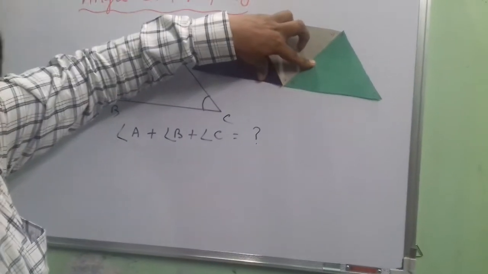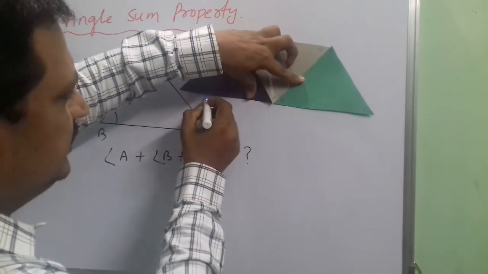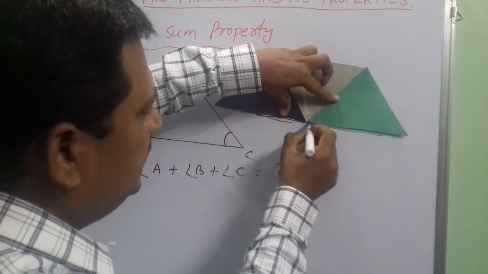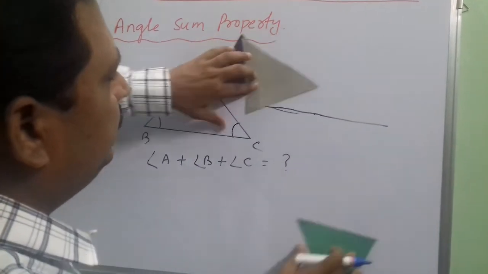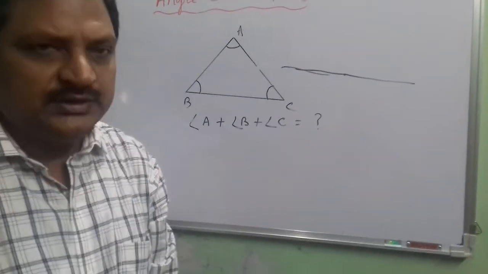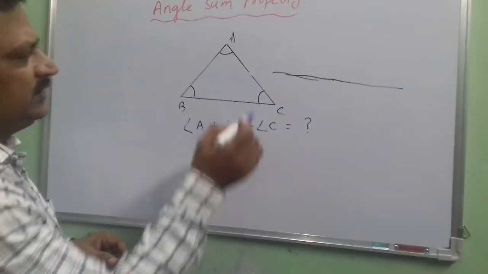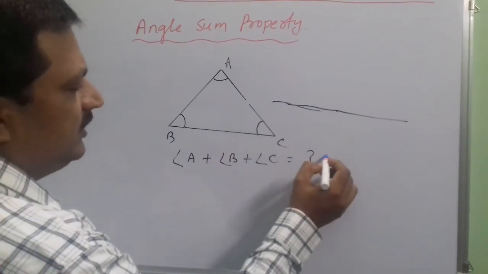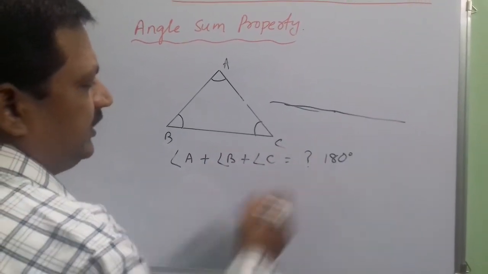By using this, we can draw a straight line also, right, at this point. So from this activity, we saw that the sum of the three angles A, B and C is 180 degrees.